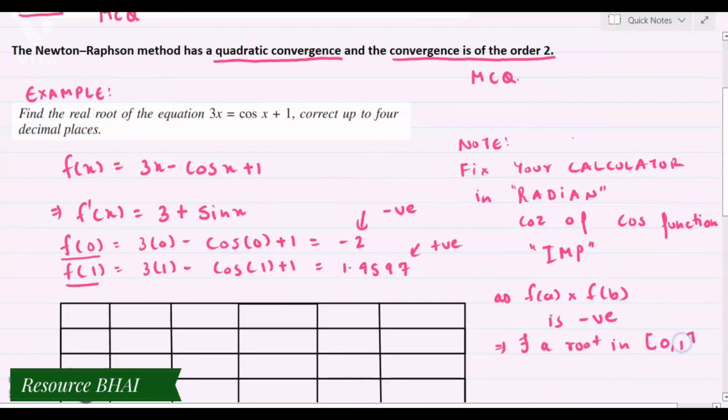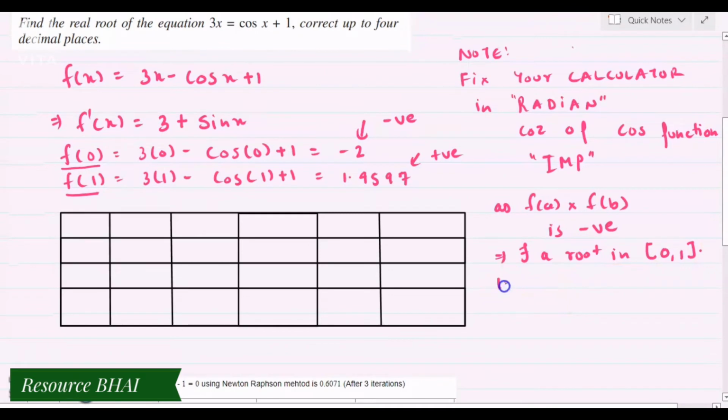So we have an assurance that there is a root in the interval (0, 1). Now we need to choose a value for x naught. It can be 0, or 1, or any mid value from the interval. We are taking the value of x naught as 1. At your choice, you can take it as 0 or 0.5 also.